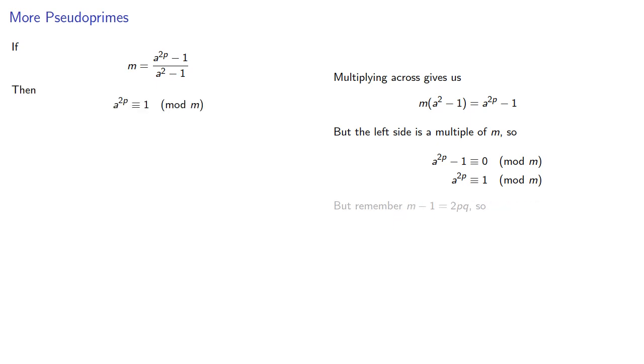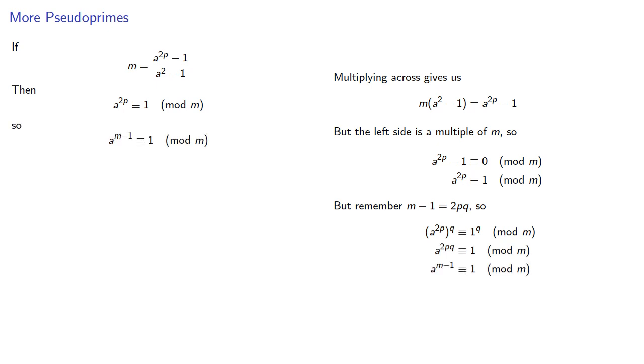But remember we assumed m minus 1 was 2pq, so if I raise both sides to the qth power, I get that a to the power m minus 1 is congruent to 1 mod m, and so m satisfies that pseudoprime relationship to base a. And this gives us another way to construct pseudoprimes.